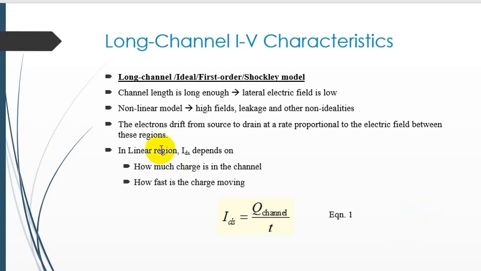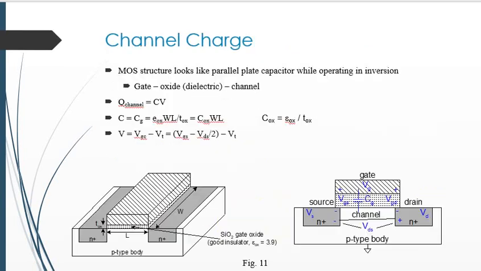linear region. In the linear region, IDS depends upon how much charge is in the channel and how fast the charge is moving. So IDS becomes Q channel divided by T, and the channel charge behaves like this.